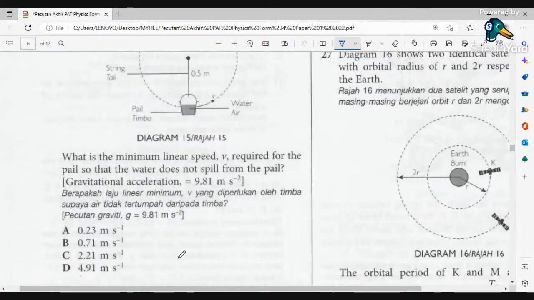What is the minimum linear speed required for the pail so that the water does not spill from the pail? For linear speed, we also have a formula from earlier. m v squared over r equals G M m over r squared, and we cancel.